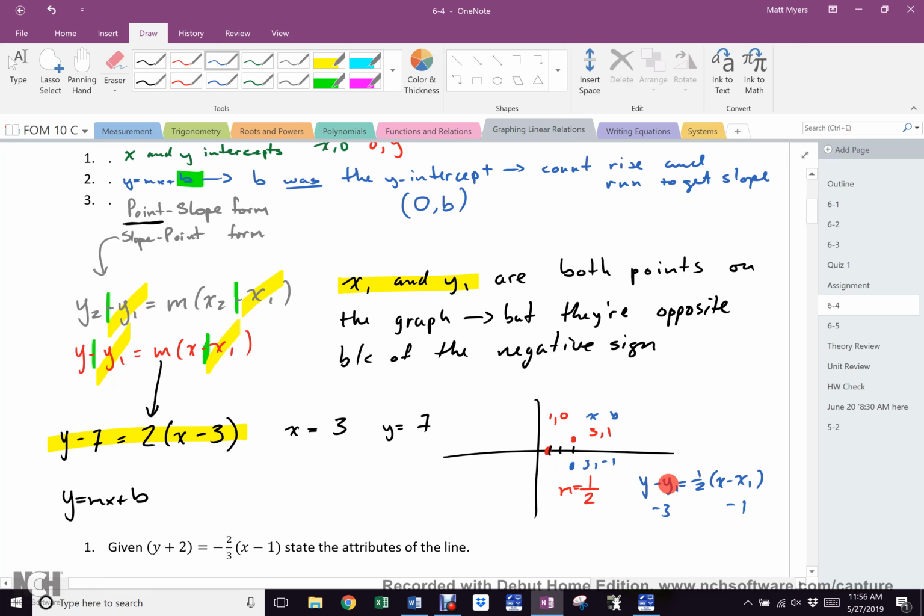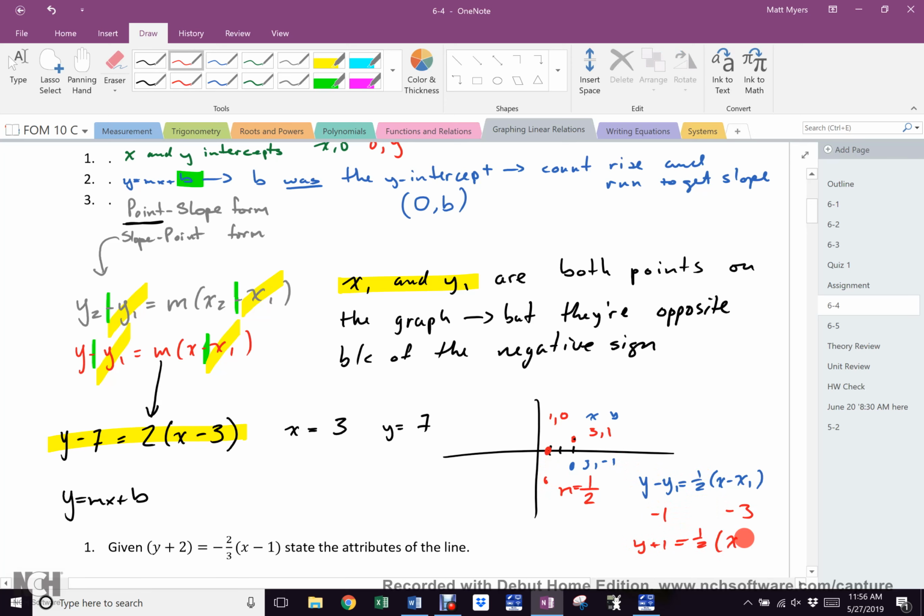What if the point was here, which is 3, -1? What would go here? Oh, and you did this backwards, everyone. The y is the -1, and the x is the -3. Now what would go here? So the y is now -1. So it would be y plus 1. 1/2 is still the same, because we've dropped everything down.